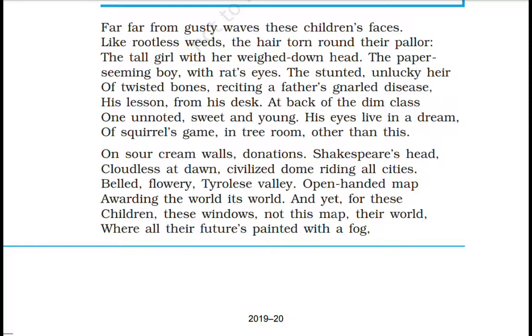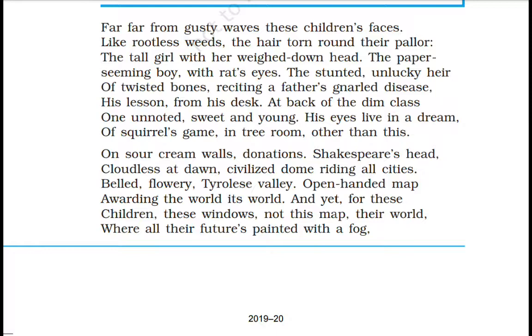His eyes live in a dream. Now his eyes are dreamy. Though he is sitting in the class, he is not paying attention to the lesson being recited, and he is lost somewhere else in his dream. He is dreaming of the squirrel's game. He is more attracted towards the squirrel who is moving here and there in the tree room.